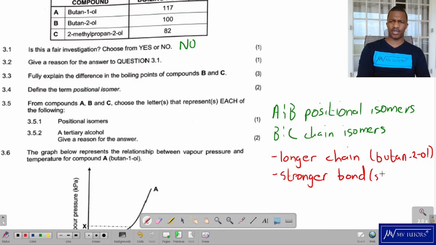A straight chain has stronger bonds than a branched one. Because it has stronger bonds, it must have a higher boiling point.